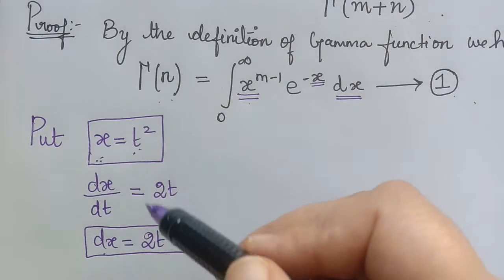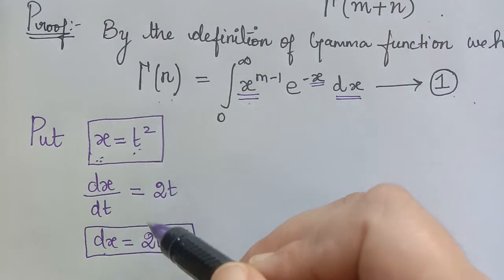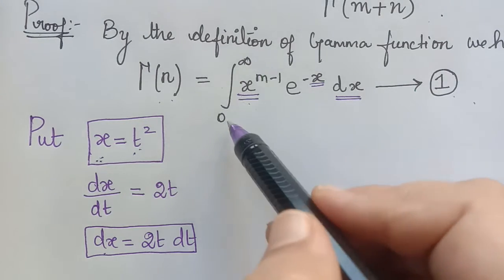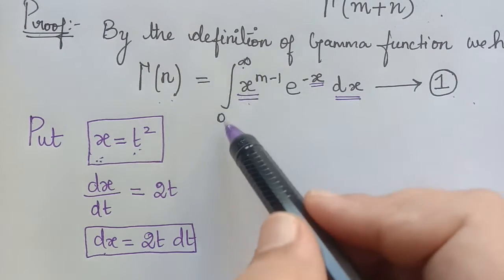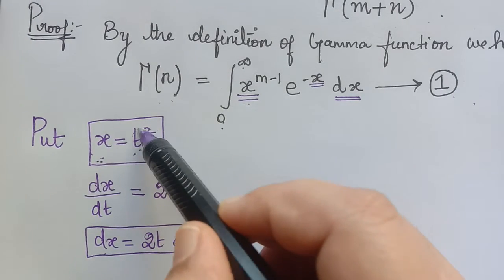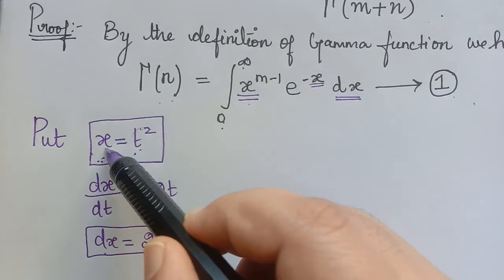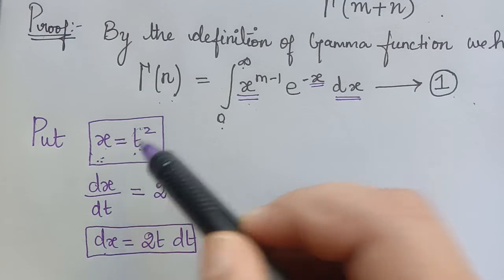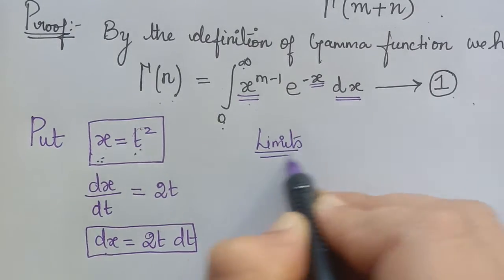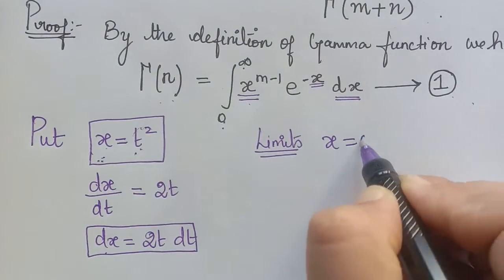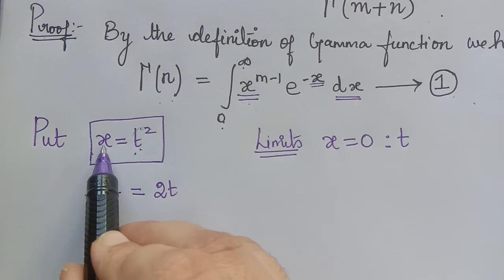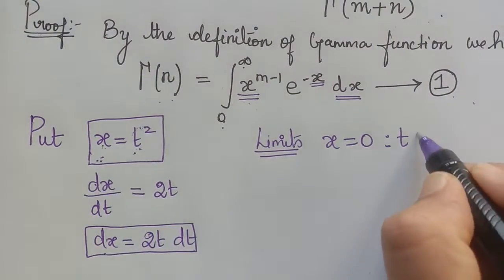And we should also remember, whenever we make a substitution, we should also change the limits. So how to change the limits? We have to check when x is equal to 0, what is the value of t? And when x is equal to infinity, what is the value of t? So when x is equal to 0, if you put 0 over here, t will be equal to 0.